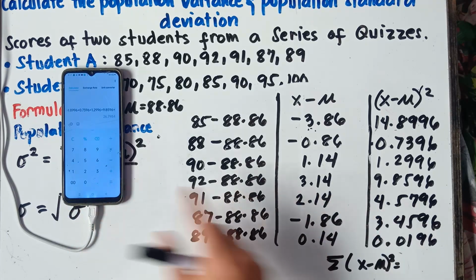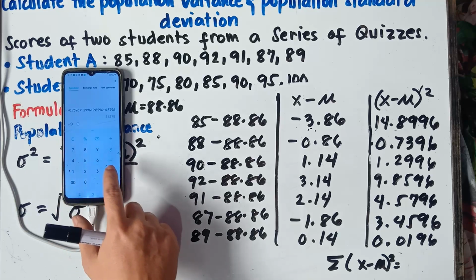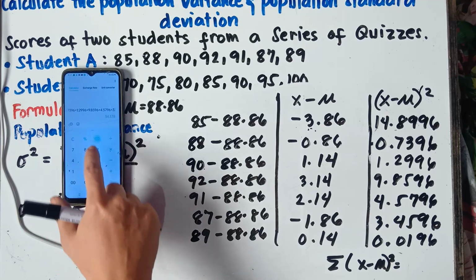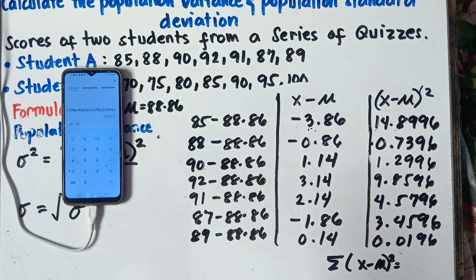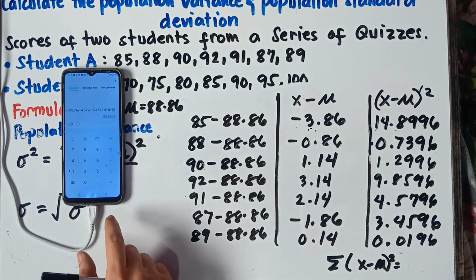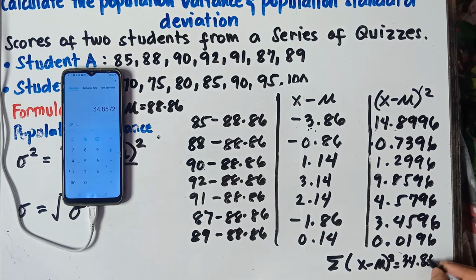Plus we have 4.5796 plus 3.4596 plus 0.0196, which is equal to 34.8572.